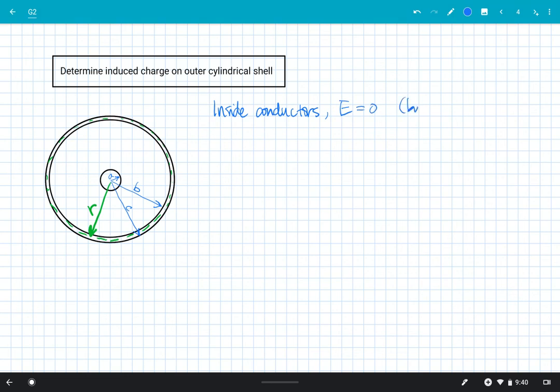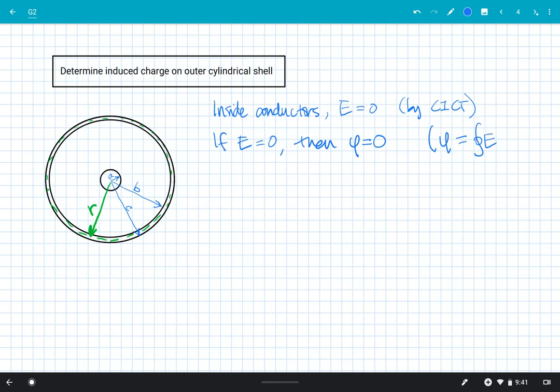And again, that's by the charged isolated conductor theorem. So review that if that's still feeling weird. You should have that pretty firmly. So if E equals 0, then I can say that flux equals 0. And that is by the definition of flux.